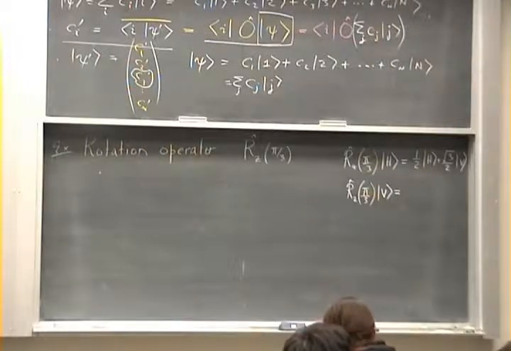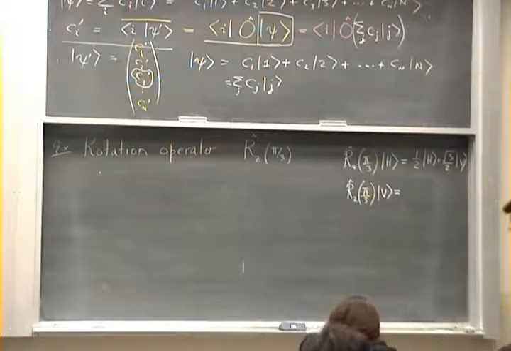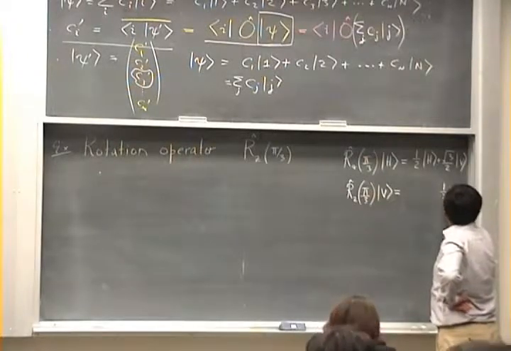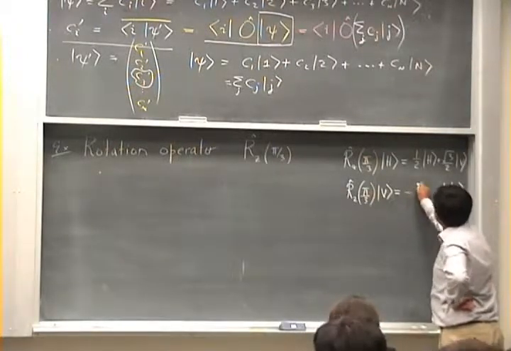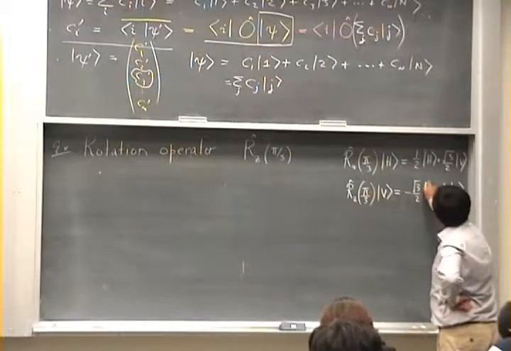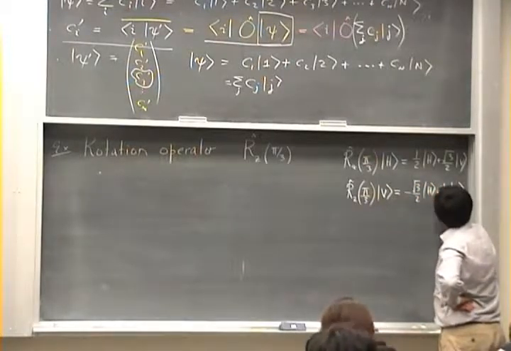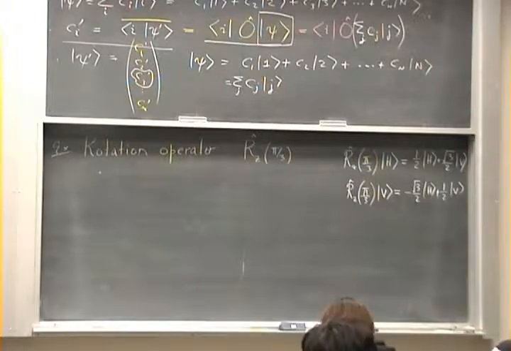This is 60 degrees. Cos of 60, sine of 30. Right? This is what I get.